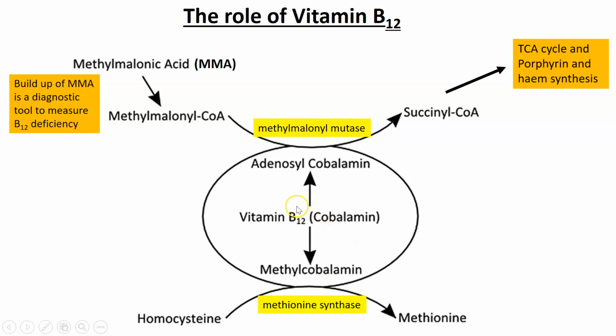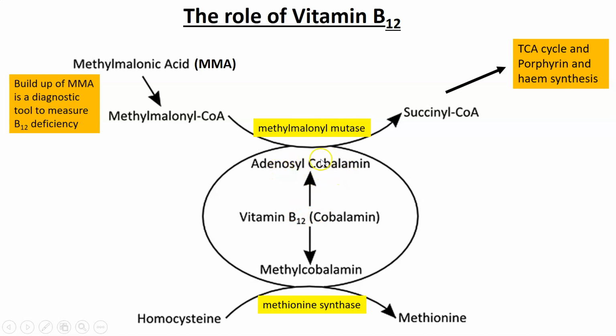Now cobalamin itself, or vitamin B12, has to be converted to adenylyl cobalamin in order to be an effective coenzyme for methyl malonyl mutase, or it has to be converted to methyl cobalamin in order to be an effective coenzyme for methionine synthase. So it's not a simple case of vitamin B12, that's it, end of story. There are other processes for it to be converted to other molecules.